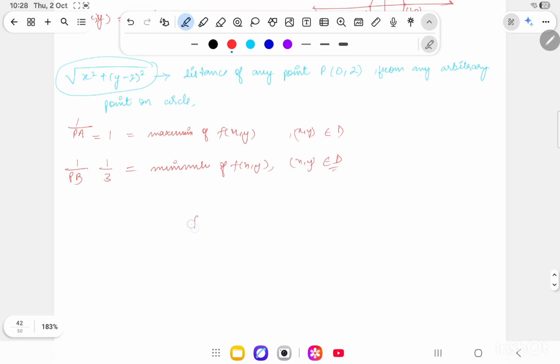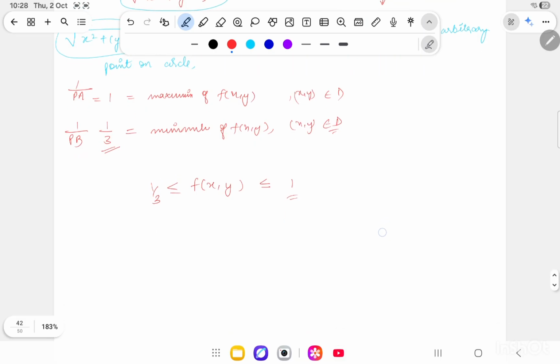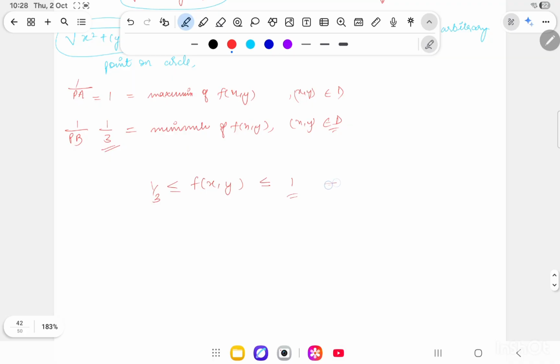Now if you observe, our integrand, that is f(x, y), lies between 1 and 1 by 3, because this is the minimum distance and this is the maximum distance. Now if I integrate this inequality over region D, it will be integration over D of 1 by 3 dA less than or equal to integration over D of f(x, y) dx dy, less than or equal to integration over D of dA.